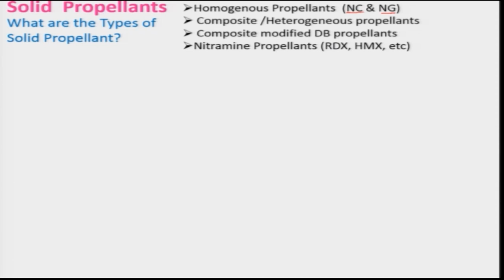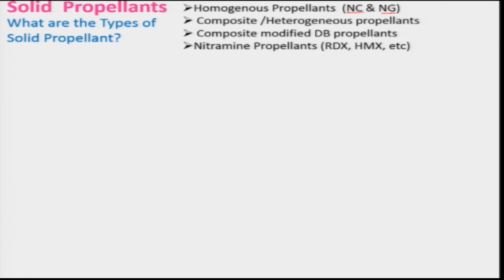Apart from these kinds of propellant, there is another one known as the nitramine propellants, and some examples are RDX and HMX. RDX means research development explosive, HMX means high melting point explosive, and sometimes it is also known as Her Majesty's propellant explosive. Besides this, several others are high energetic materials.